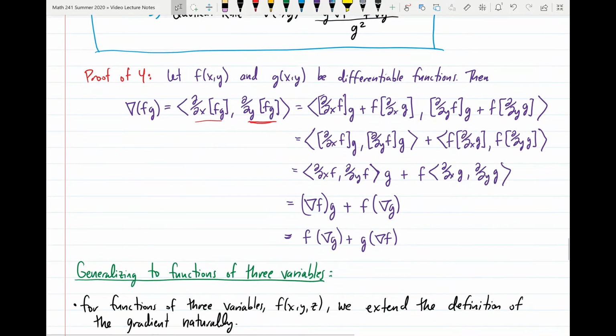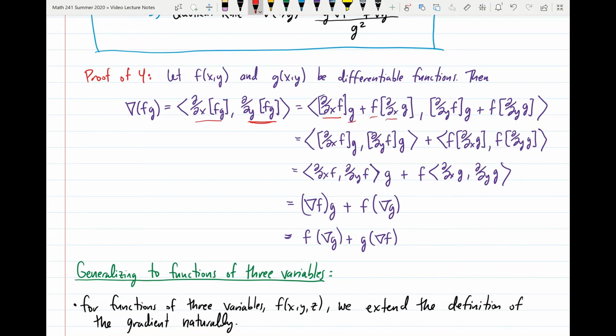And now we can use the product rule that we have for partial derivatives to expand each of these components here. So the partial derivative with respect to x of f times g is equal to the partial derivative with respect to x of f times g plus f times the partial derivative with respect to x of g.